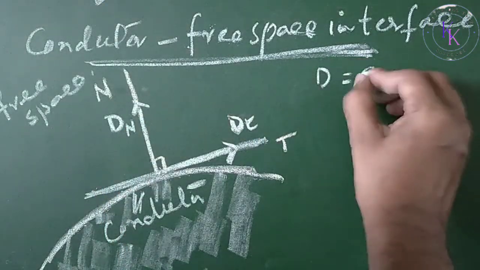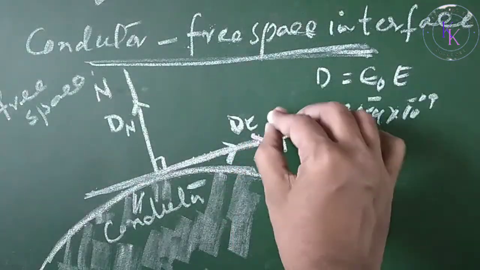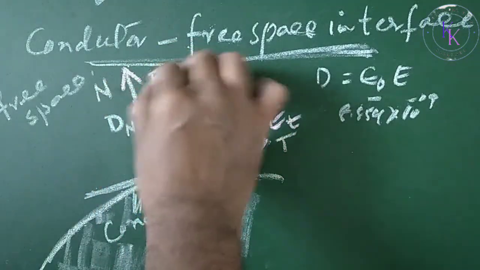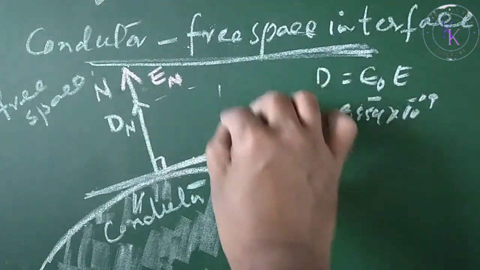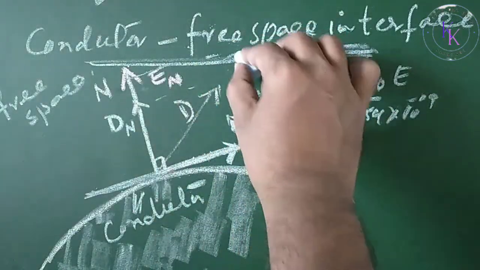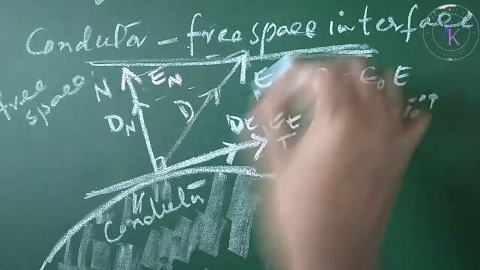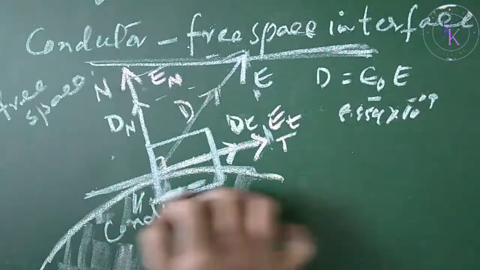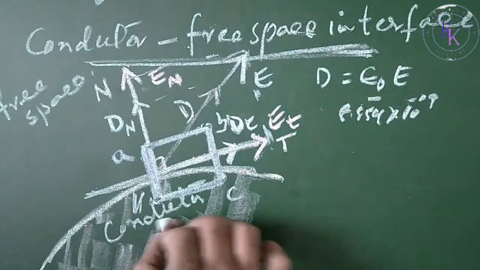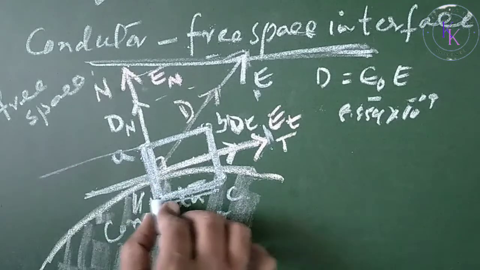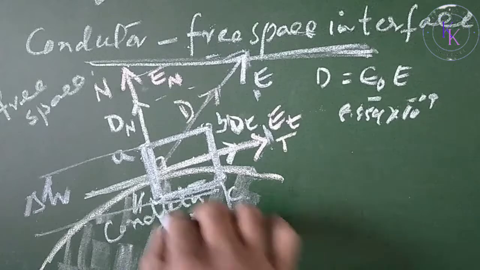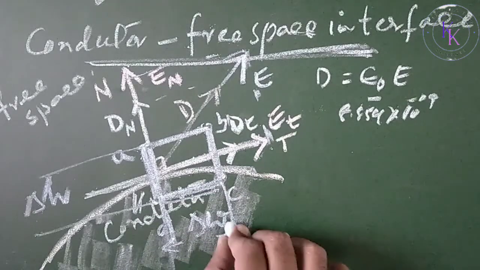D is equal to epsilon naught E. Let this be the rectangle ABCD, and let this be delta H. This length is delta W.